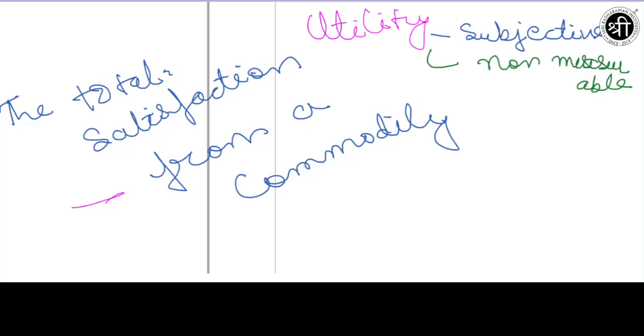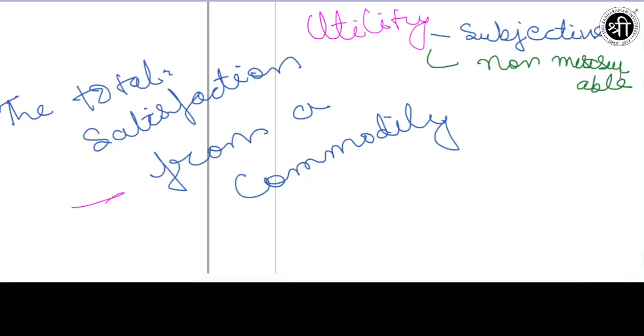Like I told you, if you drink a glass of water on a very hot afternoon, you are going to get utility, but you cannot measure that utility. Why? Because that is a qualitative thing, not a quantitative thing. So this is the second feature of utility.